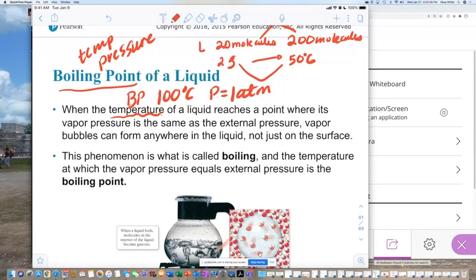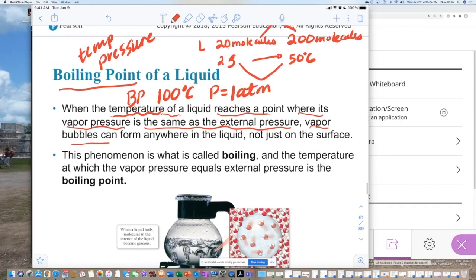Okay, we're told here when the temperature of a liquid reaches a point where its vapor pressure is the same as the external pressure, the vapor bubbles can form anywhere in the liquid, not just on the surface. This phenomenon is what we call boiling, and the temperature at which the vapor pressure equals external pressure is the boiling point.